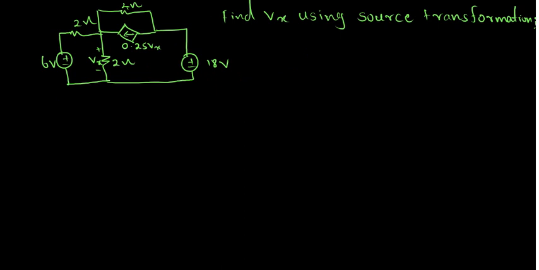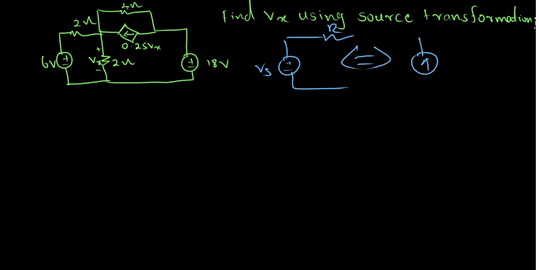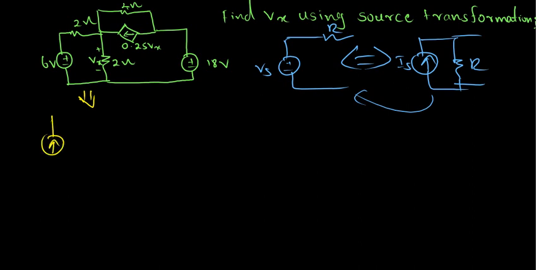So what are we going to do? We know what source transformation is: a voltage source with a series resistor can be replaced by a current source with a resistor in parallel, and vice versa. Our first step: here is a voltage source and a resistor, so we replace it with a current source and a 2 ohm resistor, like this.